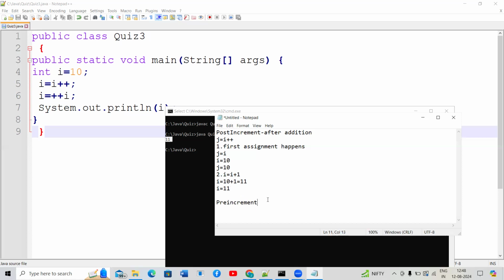Whereas when I have pre-increment, things are something like j = ++I. So pre means before, and increment is addition. So how does this differ? First of all, in this case, addition will happen.